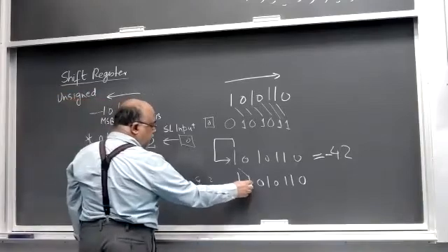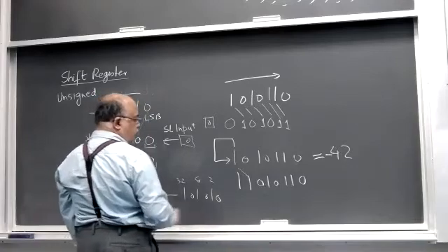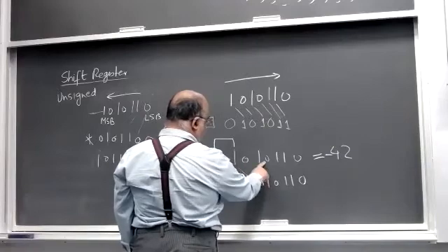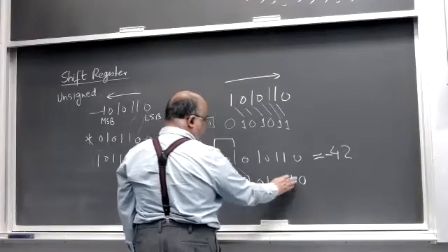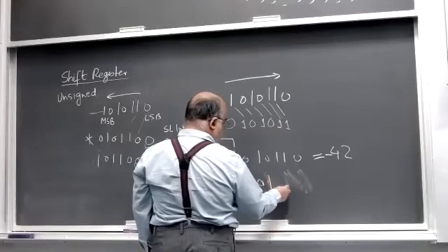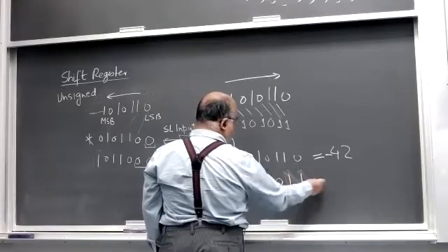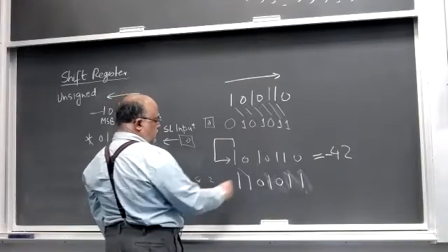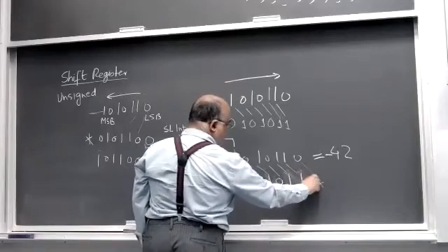So if I do this, what happened here? 1 comes here, 0 comes here, 1 comes here, 0 comes here, and this 0 goes off. This one comes here, this 0 comes here, this one comes here, this one comes. So this 0 goes out in the right shift.